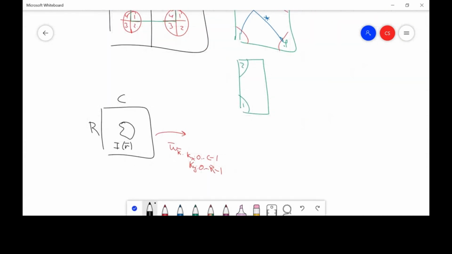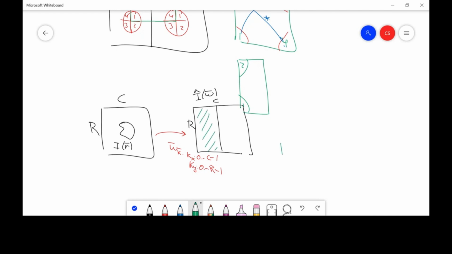So the Fourier transform has the same number of points. This Fourier transform here also has CR. But now we are keeping only half of it, and keeping only this half.